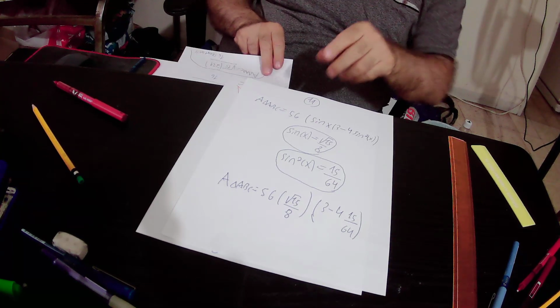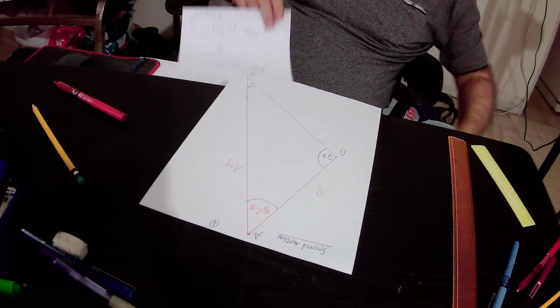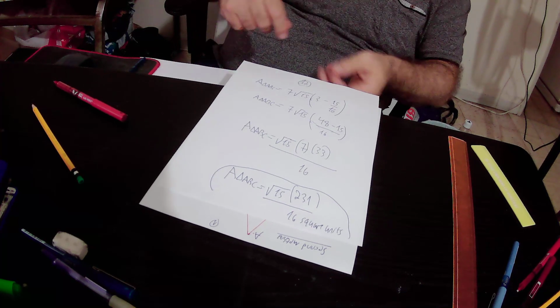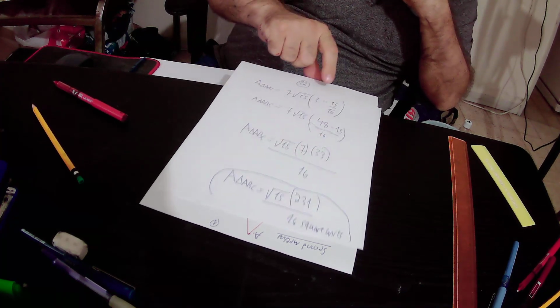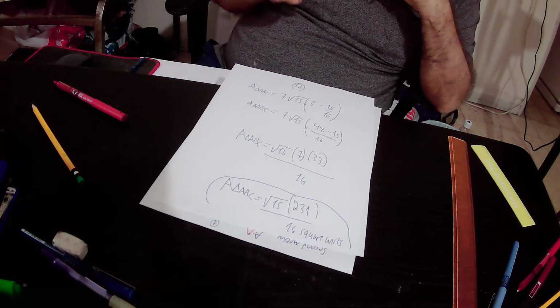And we find that the area of triangle ABC equals root 15 times 231 over 16 units, exactly as we found in the first method.